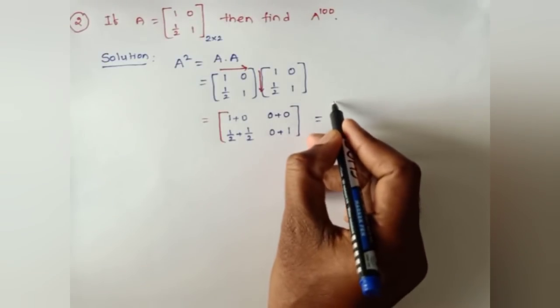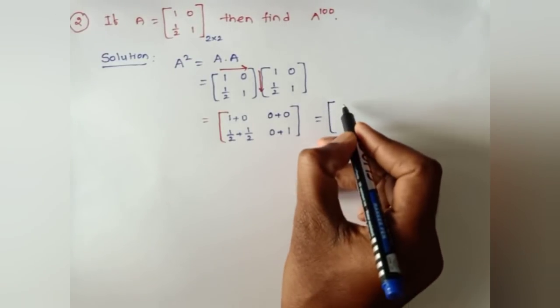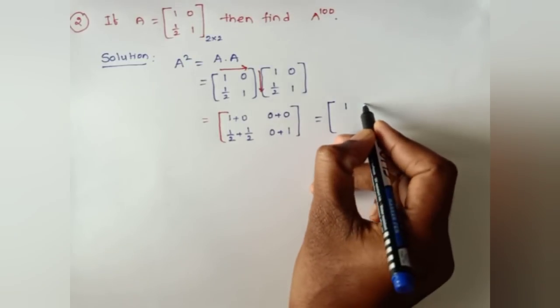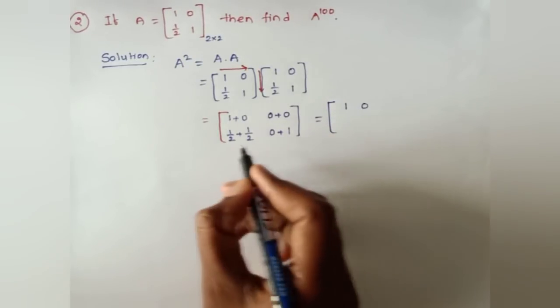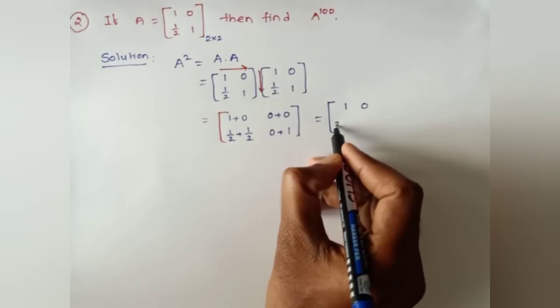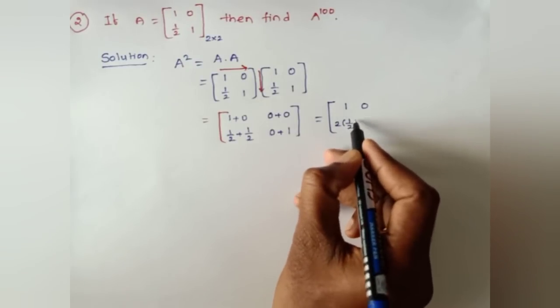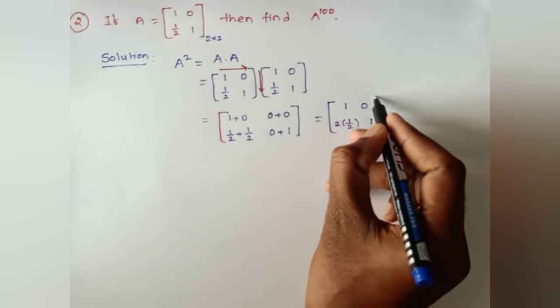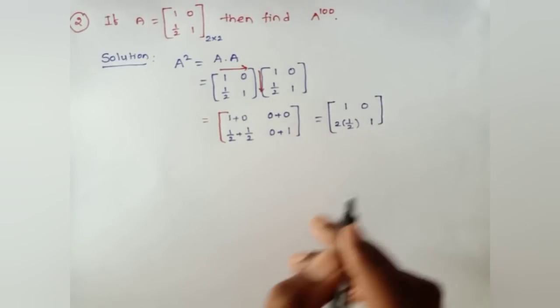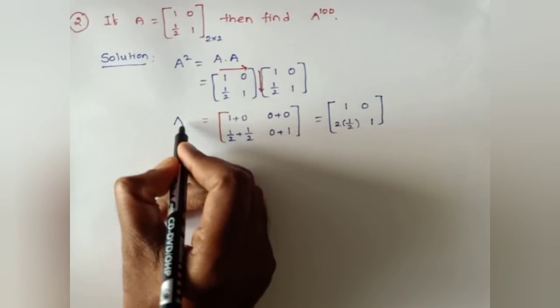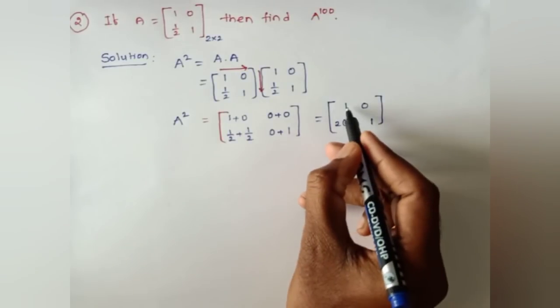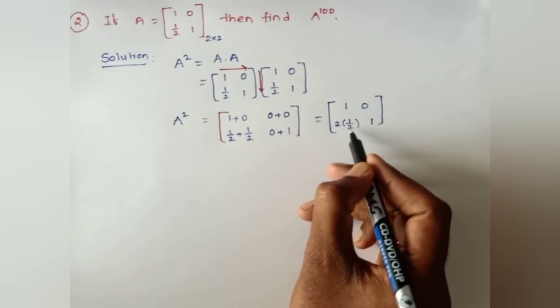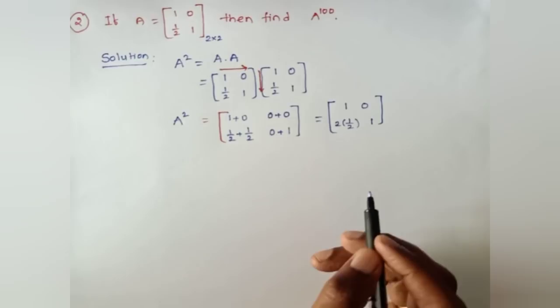Now 1 plus 0 is 1, and 1/2 plus 1/2 is 2 times 1/2, and this element is 1. So A square is [1, 0; 2 times 1/2, 1].